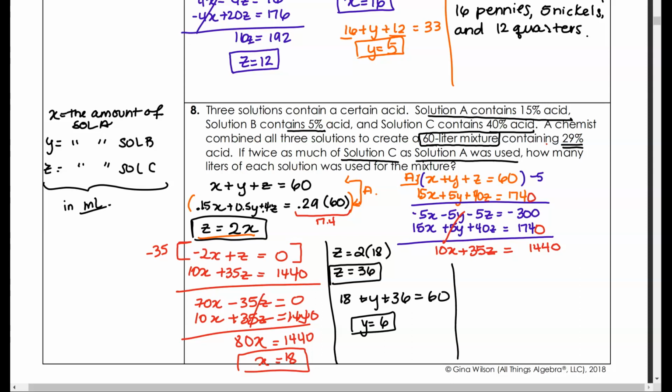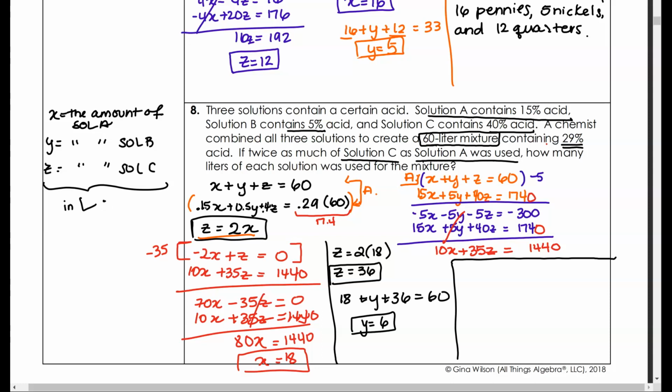All right, let's see if I can squeeze in our sentence here. So what does this mean? Because we are combining, and actually I wrote this wrong earlier, a 60-liter solution, that means our answers are in liters, not milliliters.